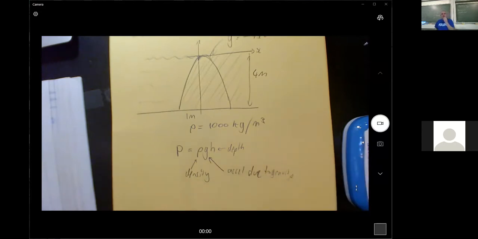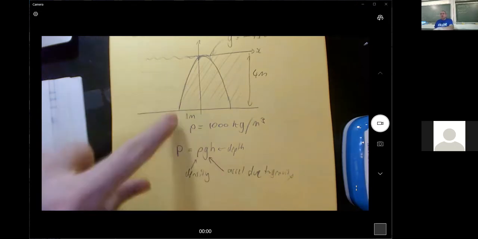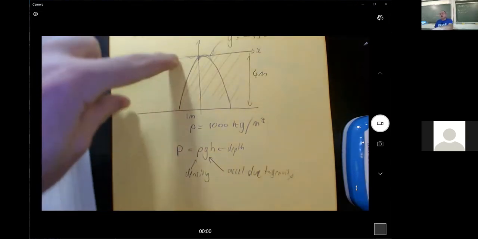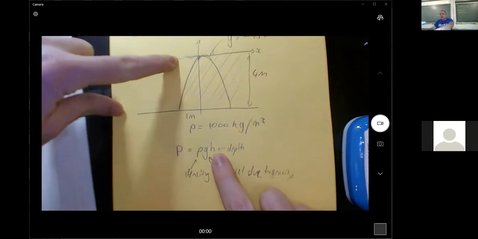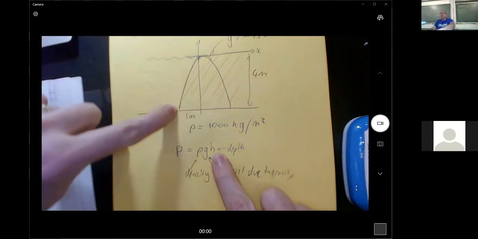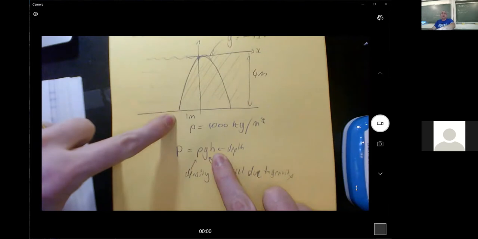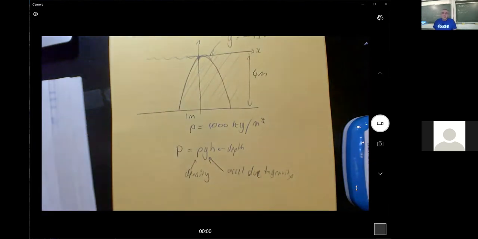And so that's telling me that at every depth, there'll be a different pressure. There'll be no pressure here when the depth is 0, and the pressure will get bigger and bigger until down here it's the biggest pressure that we can get. Okay, cool. And then the g is always the same, the rho is always the same, so that's all fine. It's all based on the h. And then pressure is newtons per meter squared, right?